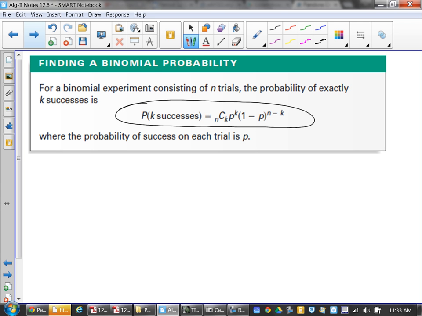I'm going to take these 6 people right here, just these 2 rows of 6 people. Out of n trials, I am checking 6 times, and I'm looking for 2 successes, that 2 people believed in UFOs.